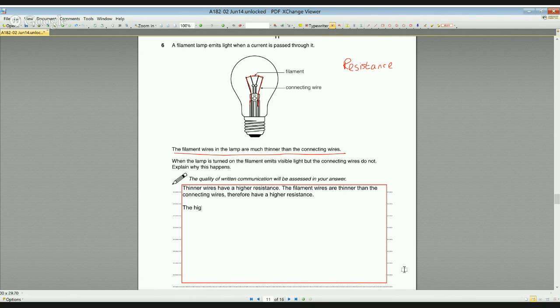So high resistance means more collisions between electrons and the ion lattice.